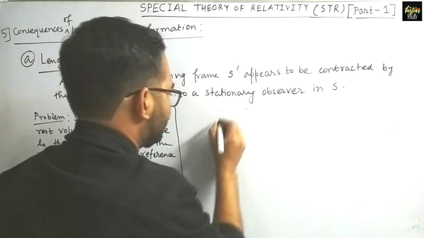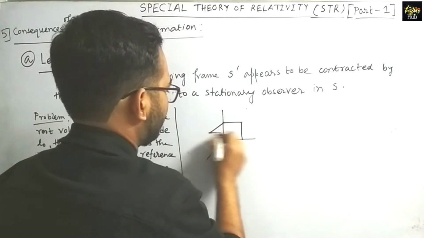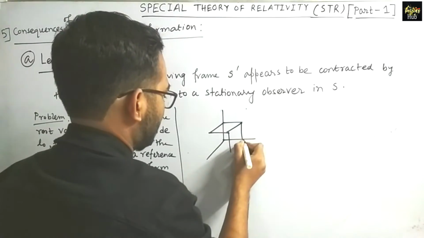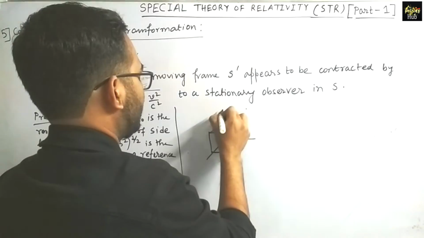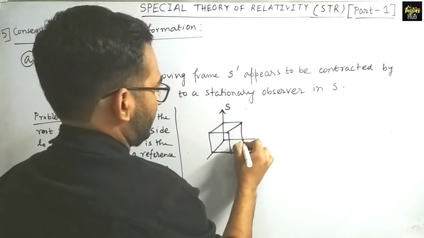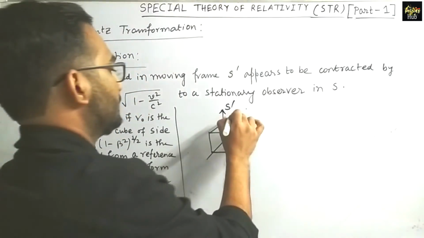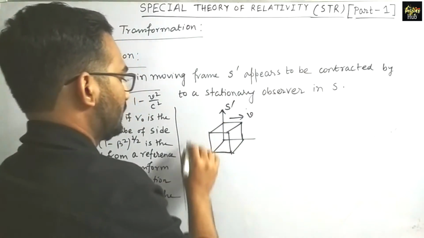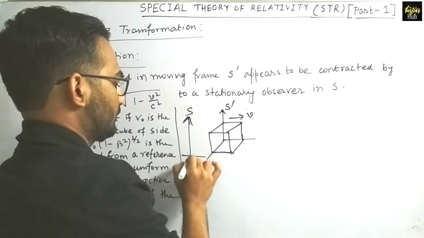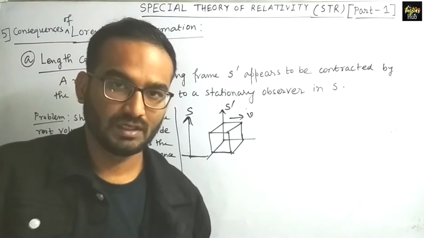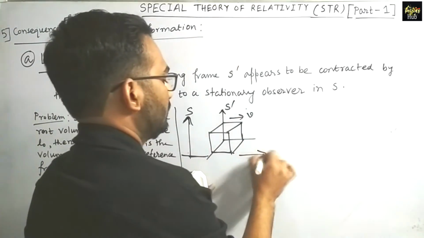So suppose we are drawing the cube. This is the cube and it is placed in the S prime frame. Okay, and this frame is moving with velocity v with respect to some frame S, where a stationary observer sees this cube moving along some axis.